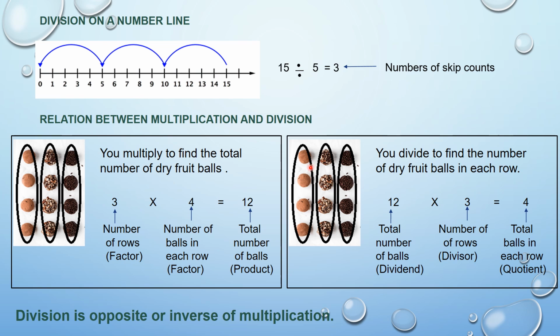Now the number of rows is called the divisor and the total balls in each row is called the quotient. This is very important. You have to learn this. The total number is called the dividend. The number by which we are dividing is called the divisor and the answer is called the quotient.